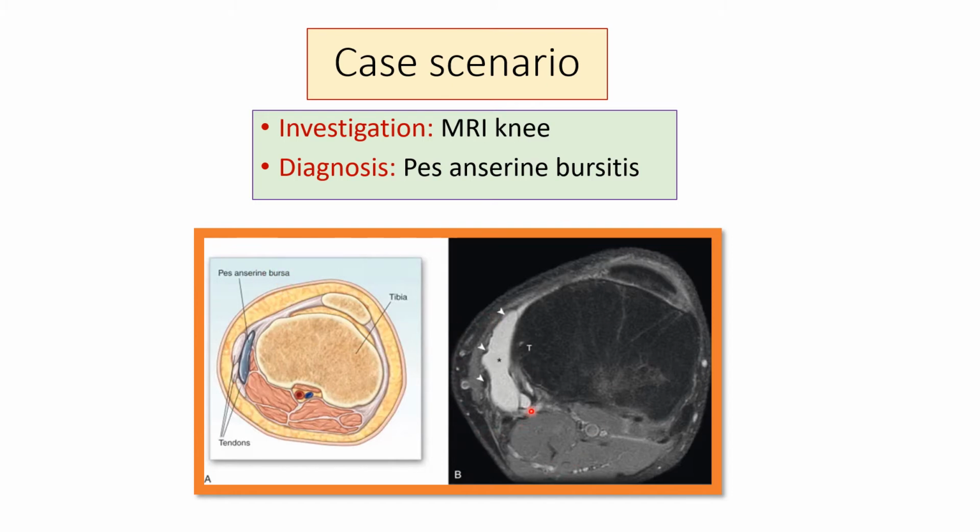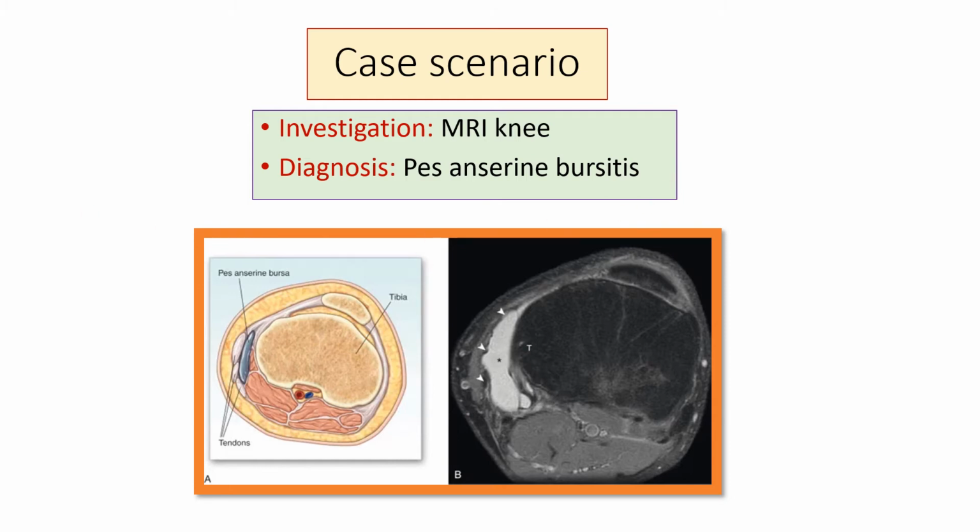And in the MRI image, you can compare it with this drawn picture. So this is the pes anserinus bursa, which is inflamed bursa, and that's why it is known as the pes anserinus bursitis.